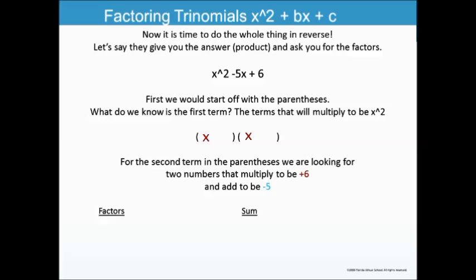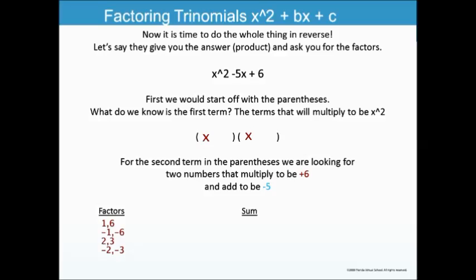Now our next step is to try to find two numbers that can be multiplied together and give me a positive 6. So let's make a list of those factors. I know that 1 and 6 could be multiplied together to give 6. I know that -1 and -6 would be multiplied together to give 6. 2 times 3 equals 6, and -2 times -3 also equals 6.